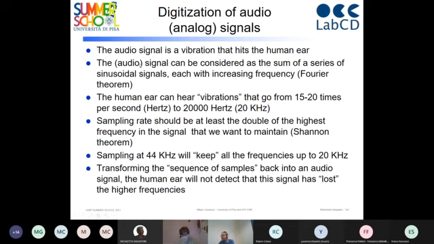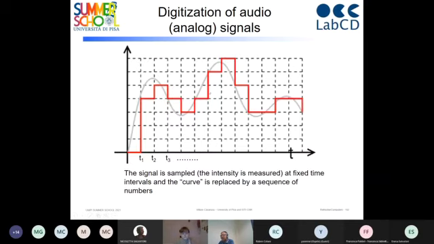The sound, as I was saying before, is a compression wave in the air that is hitting your ear. And this wave is made of many frequencies. That is the Fourier theorem: you can think that this signal we are seeing here is really obtained as the sum of a number of sinusoidal signals with increasing frequencies.